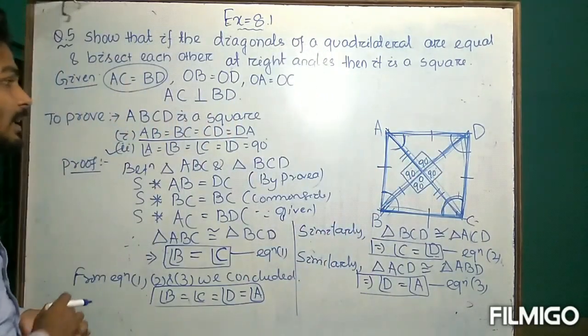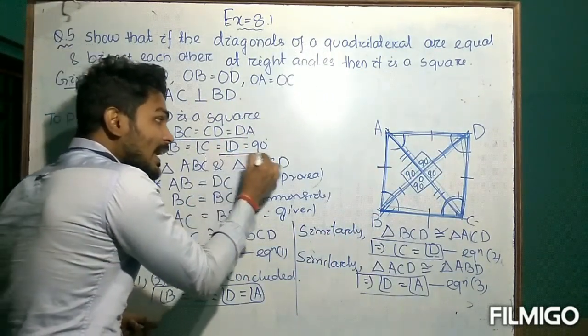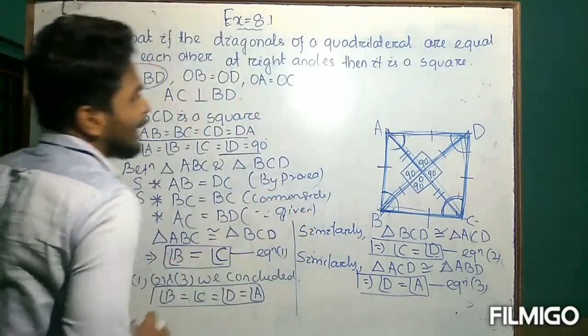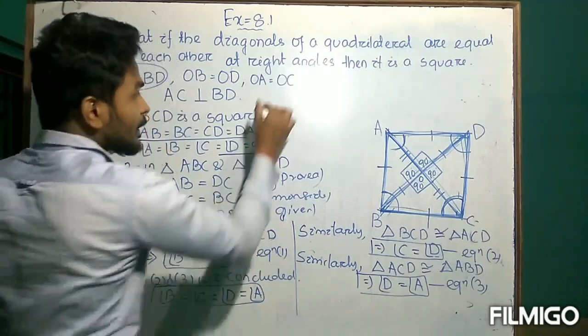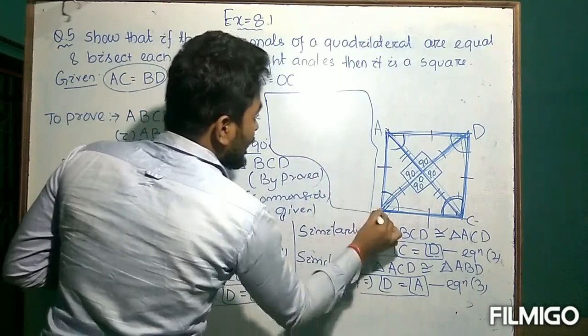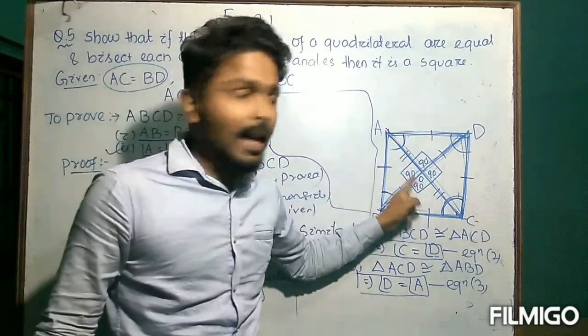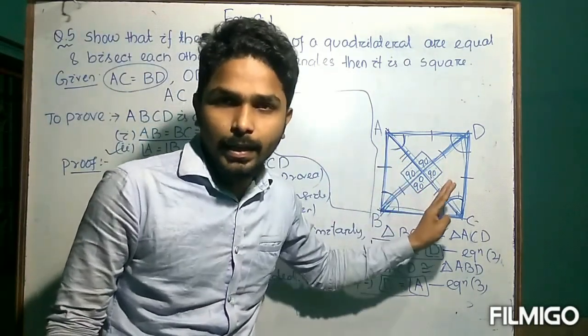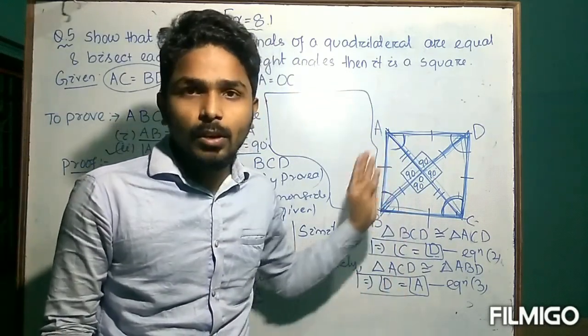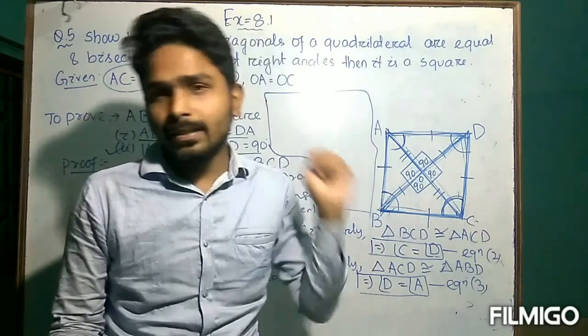But we have to find that they are each 90 degrees. How? Let us find. Since there is no space, let us find here. It is a polygon and it has 4 sides, so it is a quadrilateral, right? So the sum of all the interior angles must be how much? 360 degrees.